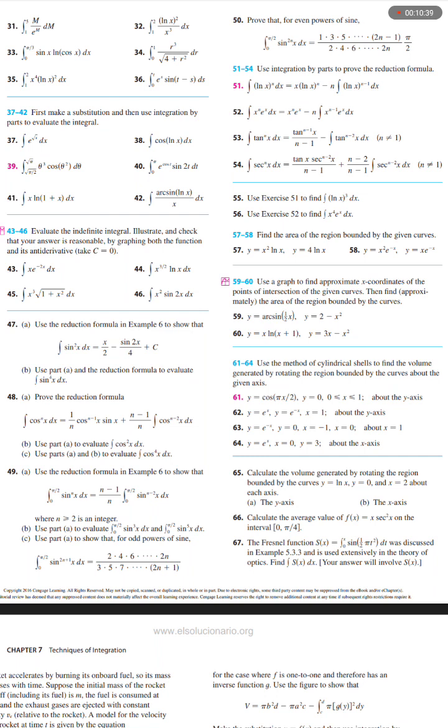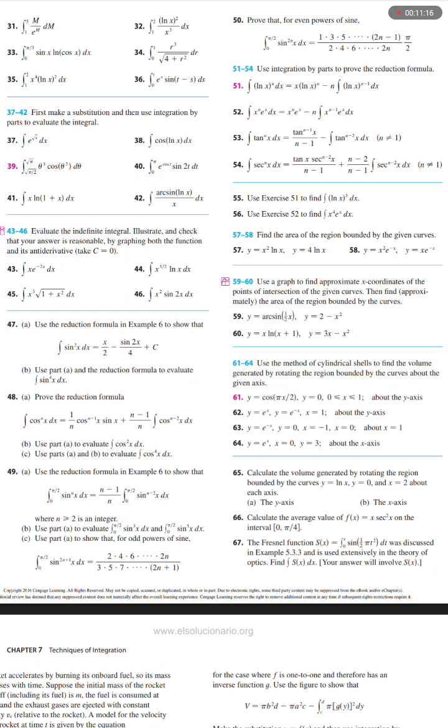Number 49, part A. Use the reduction formula in example 6 to show that the integral from 0 to pi over 2 of sine to the power n x dx equals n minus 1 over n times the integral from 0 to pi over 2 of sine to the power n minus 2 x dx, where n is greater than or equal to 2, is an integer.